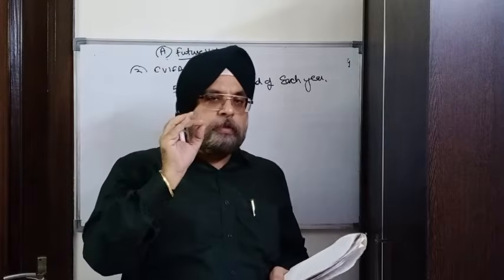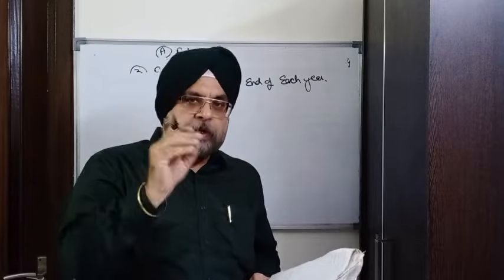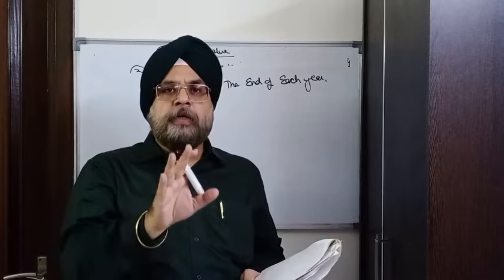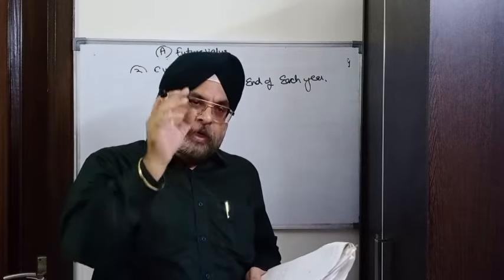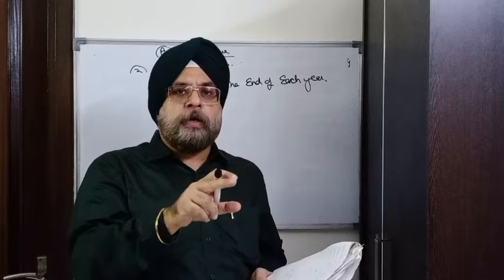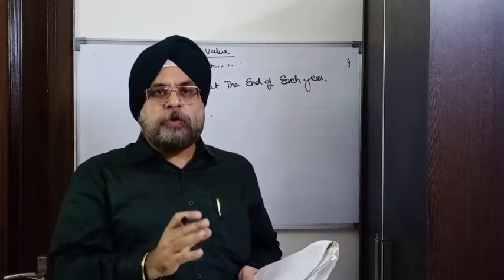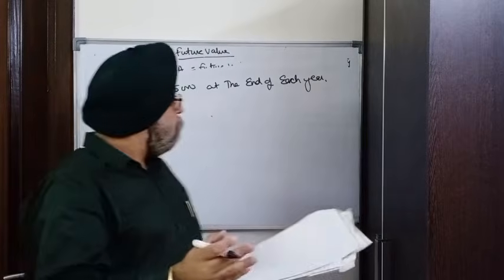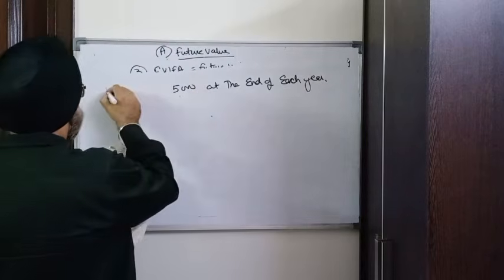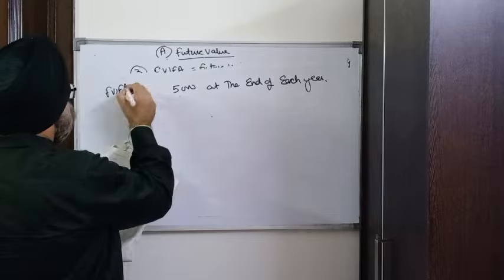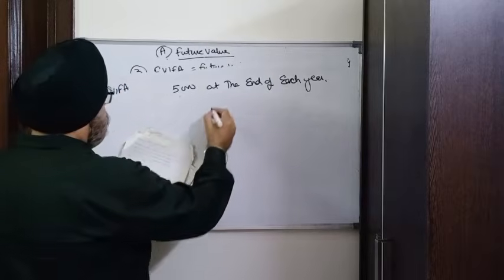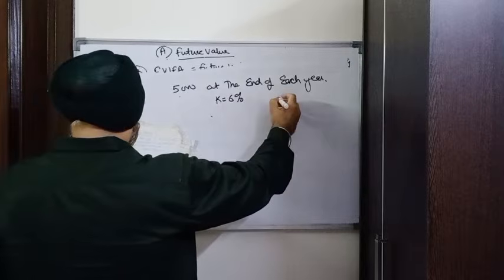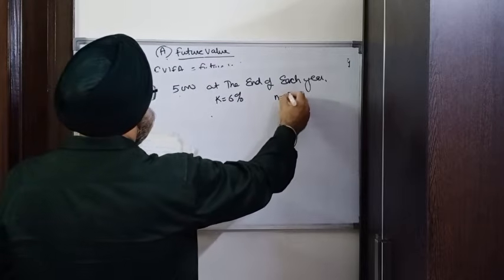If it is not written whether it is at the beginning or at the end of the year, please assume it is at the end of the year. If it is written that it is at the beginning of the year, the concept will change. It will go to future value interest factor annuity due. So here we are only calculating future value interest factor annuity, for K is 6% and for 4 years.